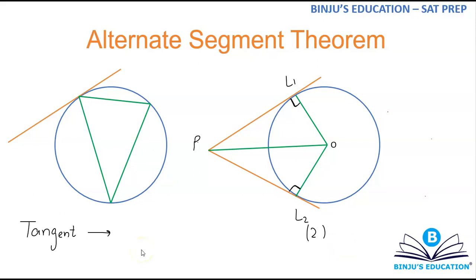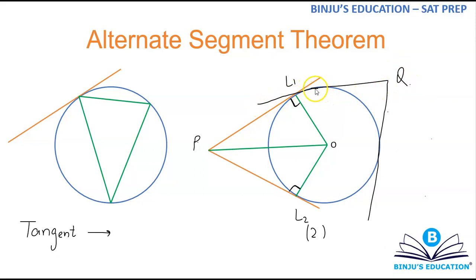Similarly, I may have taken another point Q which lies outside the circle. So from that point Q again you could have drawn only two tangents. For example, something like this.